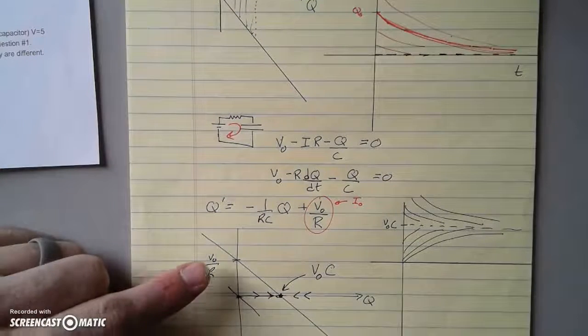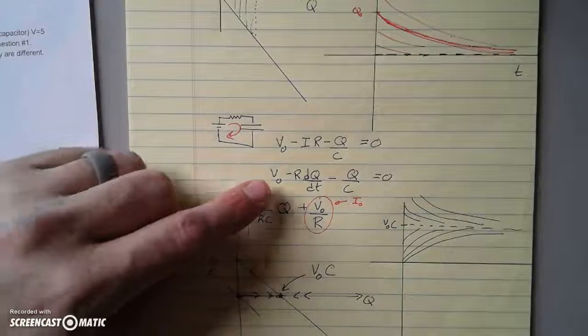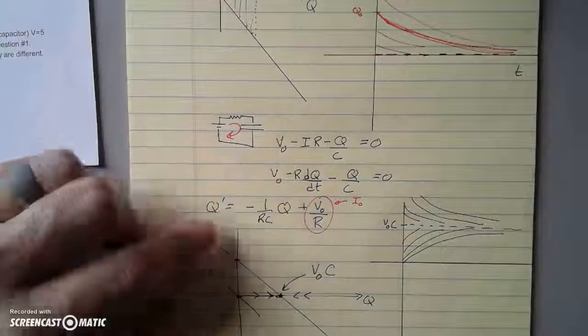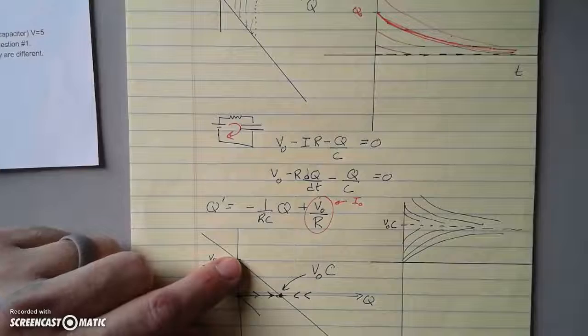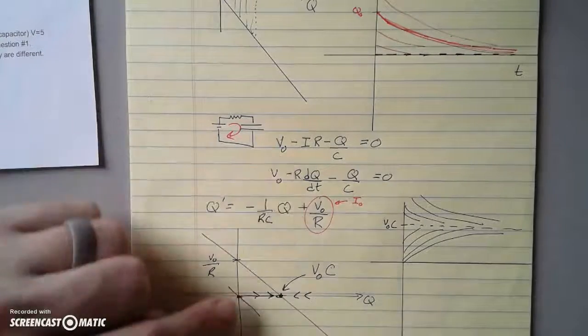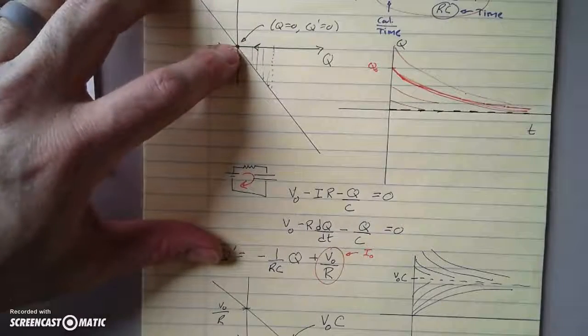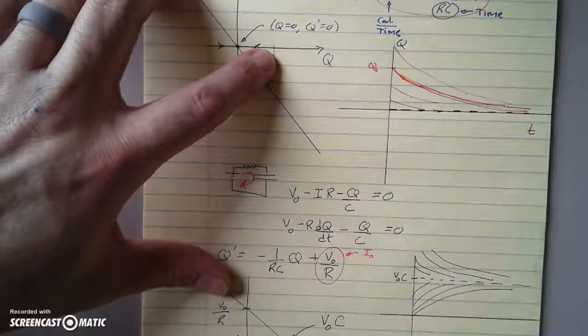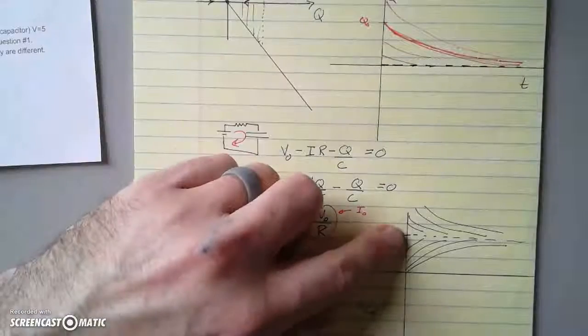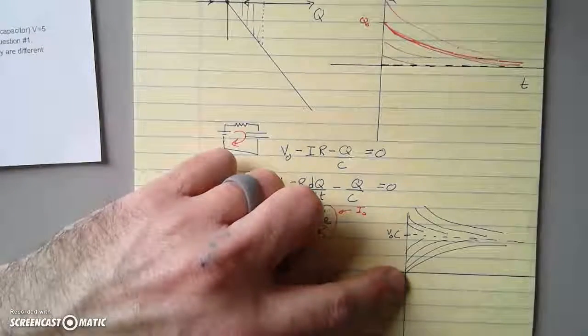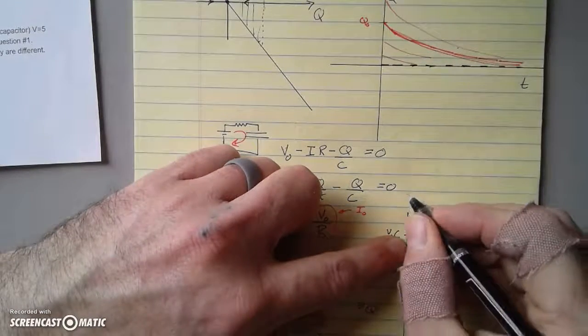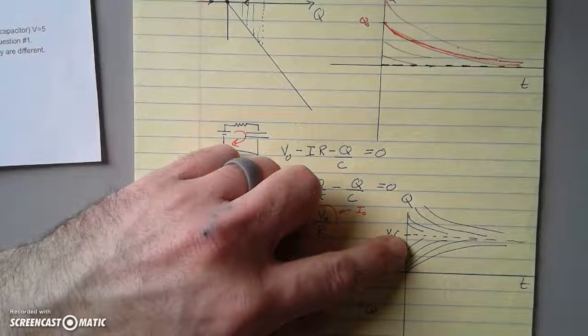One of the strengths of this is that if we understand this concept, adding a term like this shifts the line up, shifts the equilibrium over. The equilibrium corresponds to a horizontal asymptote. So the asymptote increases on this Q versus T graph.